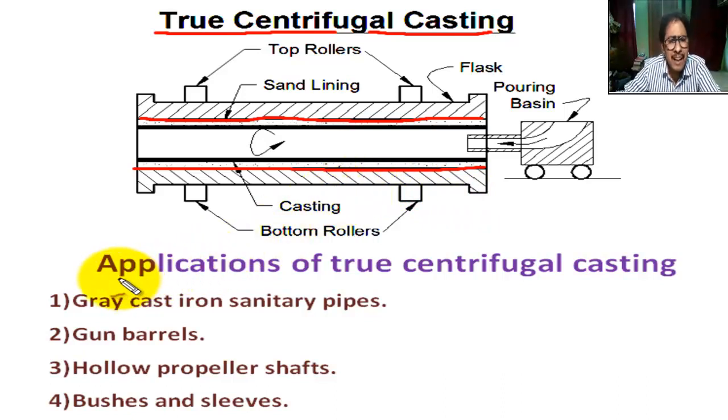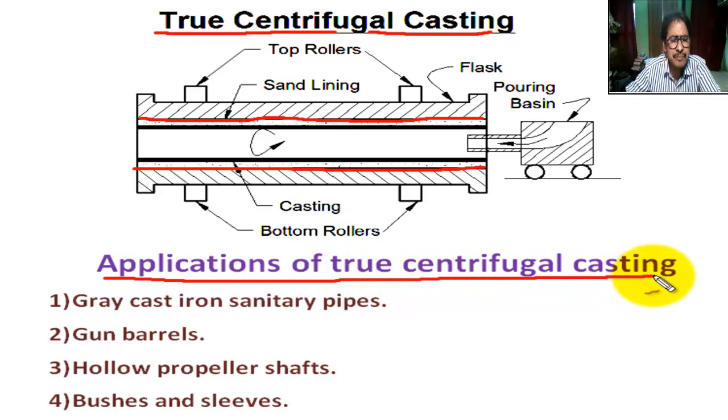Now, what are the applications of true centrifugal casting? Number one, cast iron sanitary pipe.